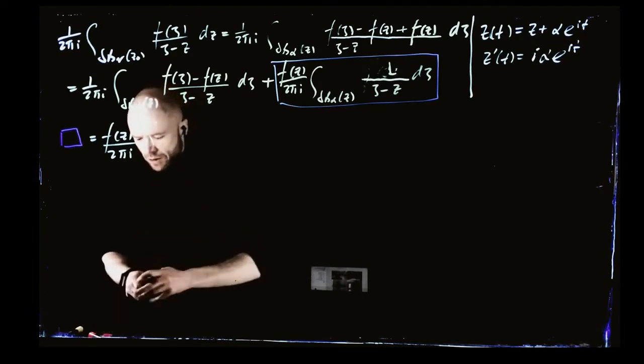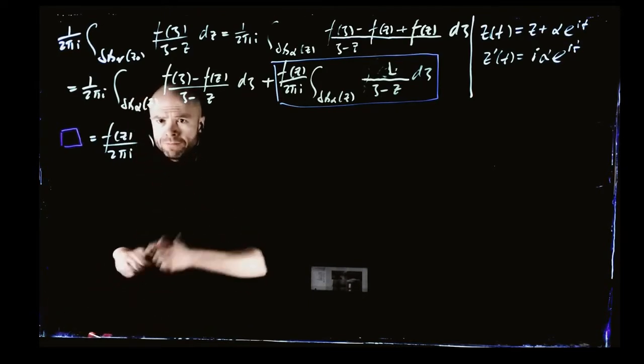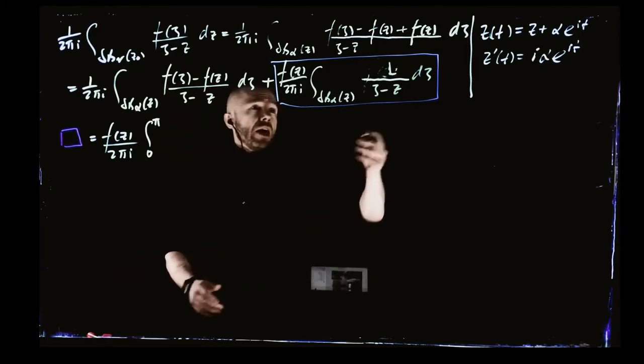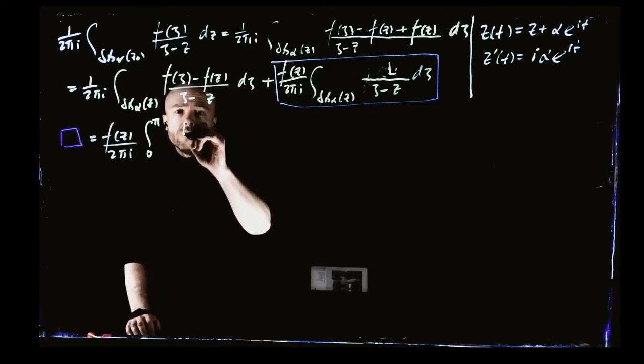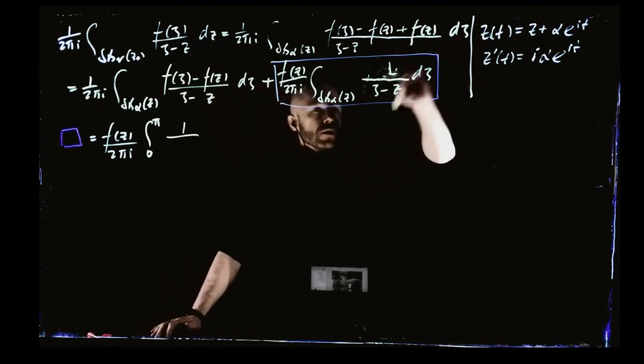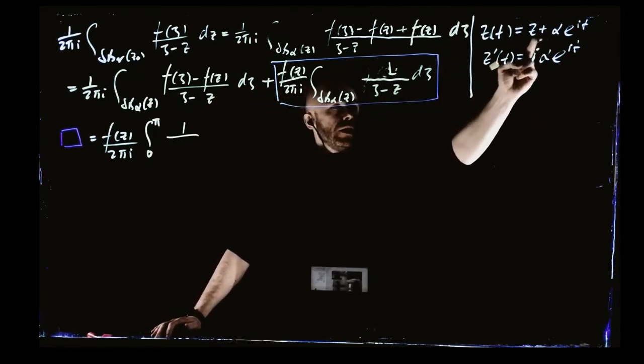So let's directly calculate what this thing in the blue box is. So integrating from 0 to 2 pi, like this. And then we put in the stuff. So we're going to have 1 over, now, zeta we're going to replace by z of t, and it's equal to this thing, so the z's cancel.